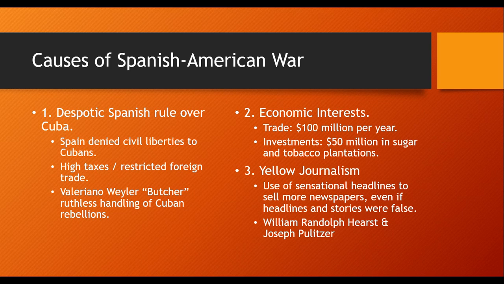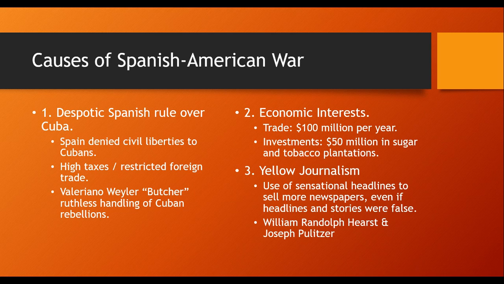The trade between the island of Cuba and the United States amounts to about $100 million per year in 1900 money. So that's a lot of money that's going to be lost if we aren't able to continue to trade with them.